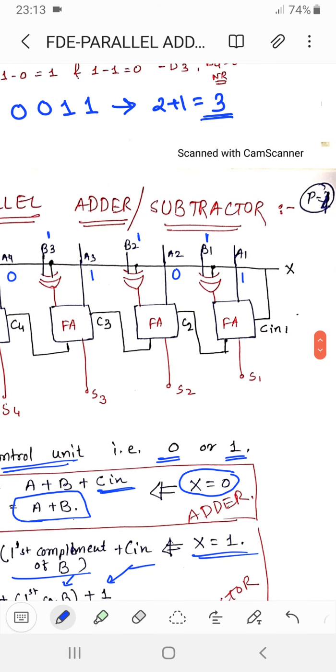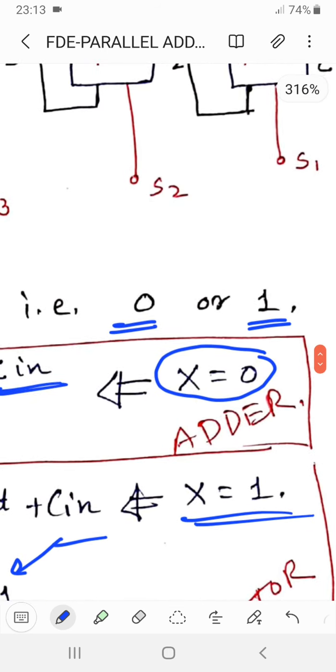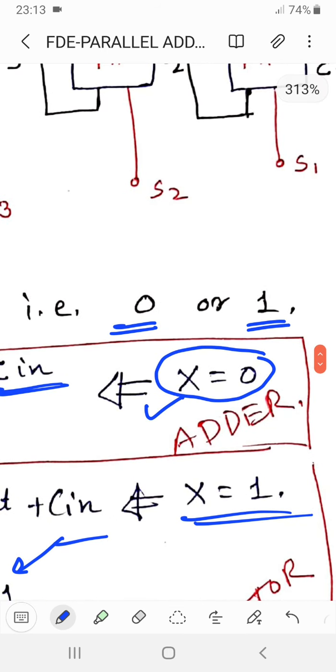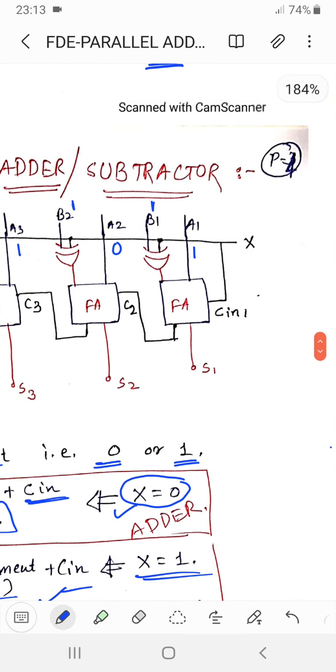Okay, I am interested in the adder in the first case. Whenever we are discussing the adder, I take x equal to 0. So my x is 0 right now, and my Cin is 0.